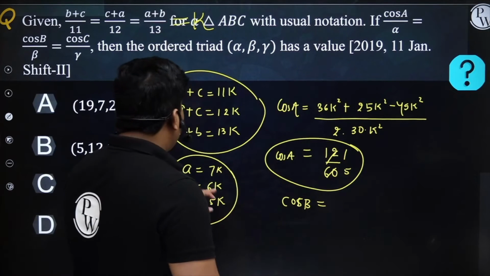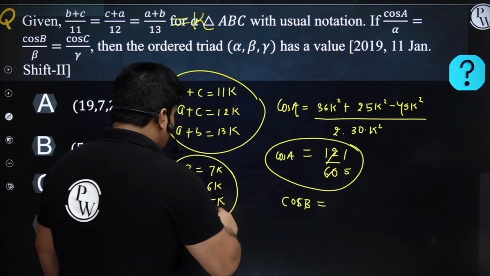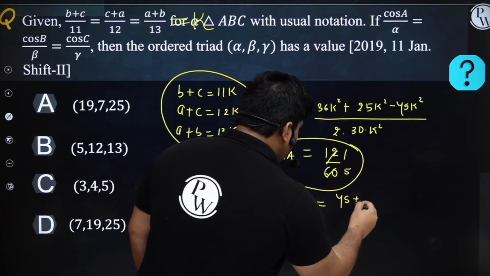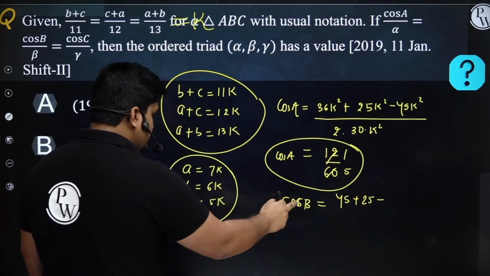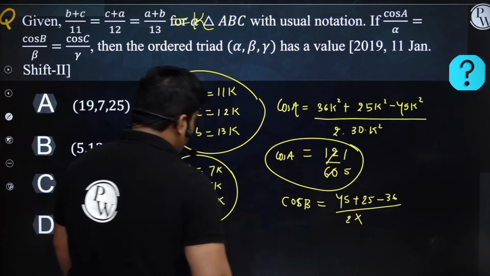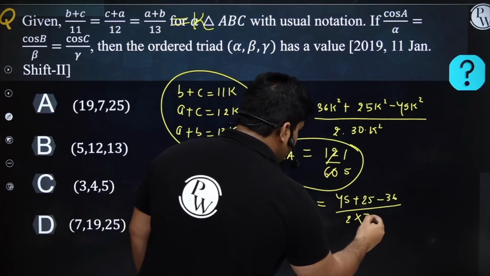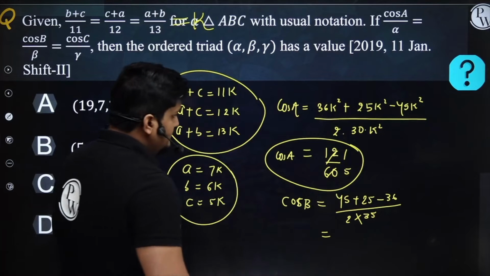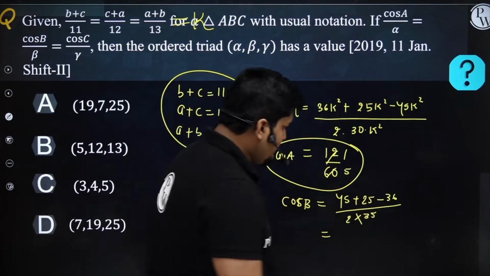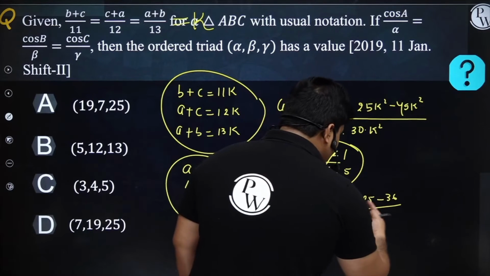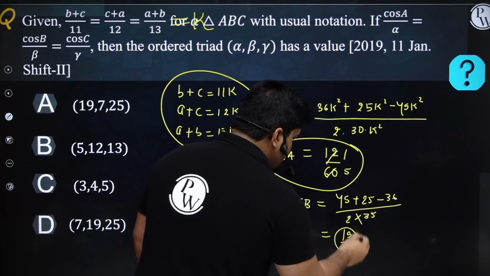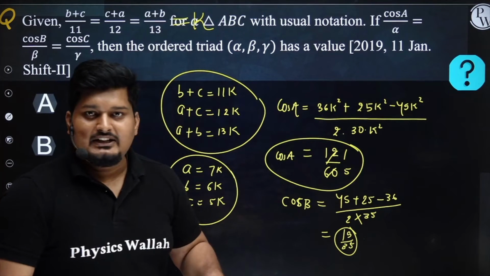Cos B will be equal to A square plus C square minus B square, divided by twice of A into C. I'm going to write it directly: 49 plus 25 minus AB square, which is 36, divided by twice of A into C, so 7 into 5, 35. 49 plus 25 minus 36 is 38. So this comes out to be 19 by 35. Cos B is 19 by 35.